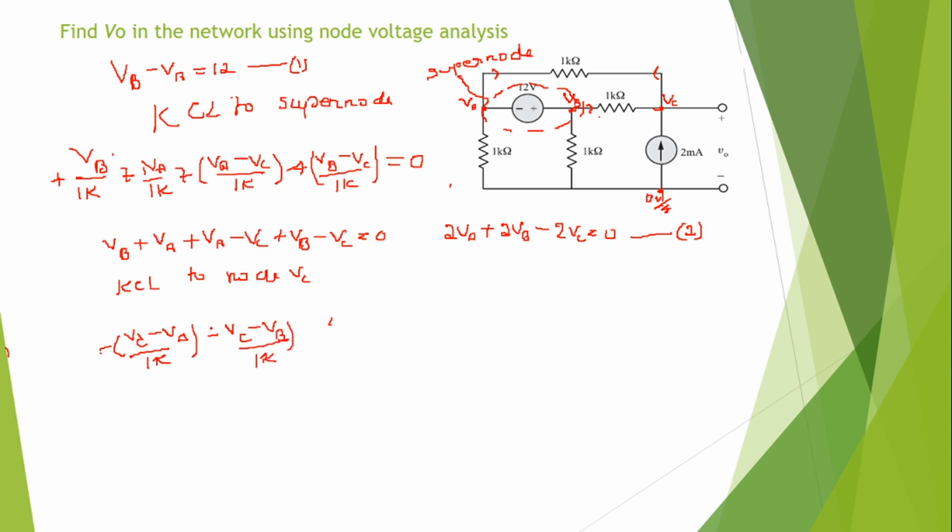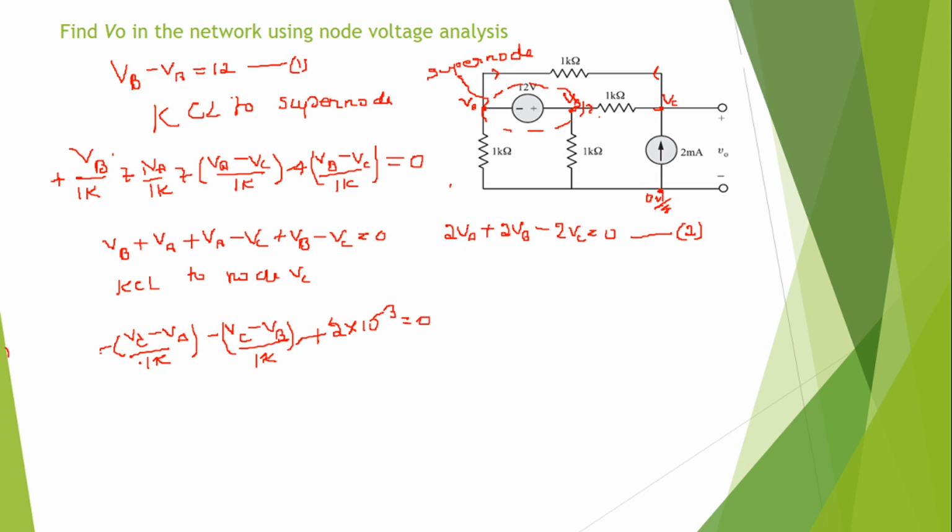This is also outgoing with respect to VC. Now this source current, 2 milliamps, is incoming to the node VC. So incoming is plus 2 into 10 to the power minus 3, equal to 0.